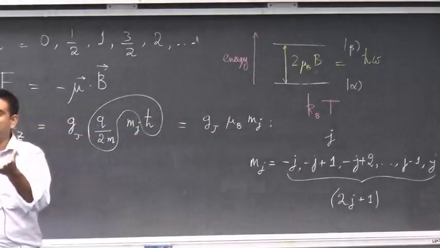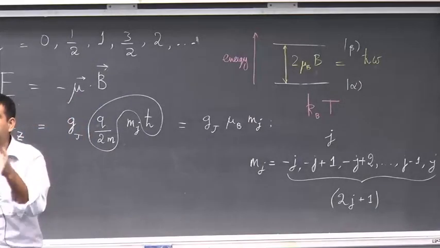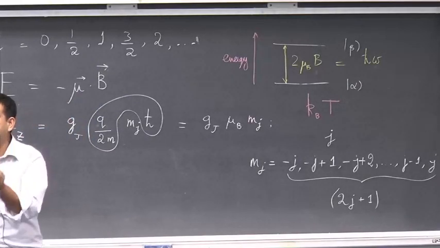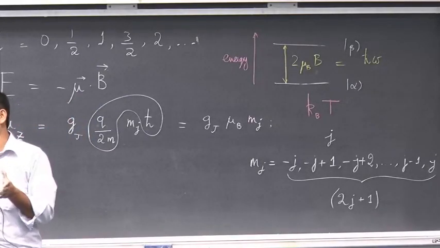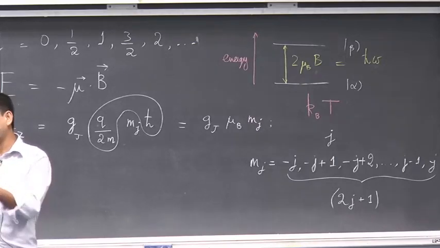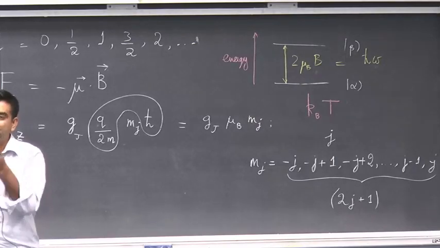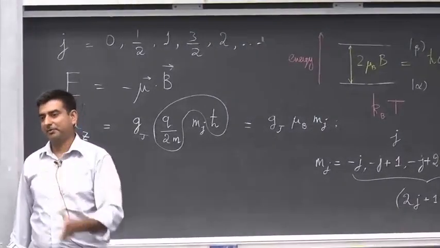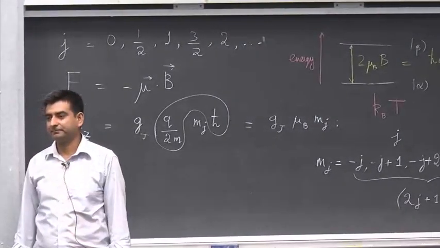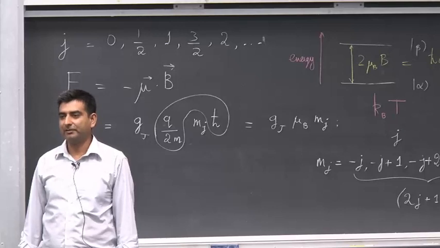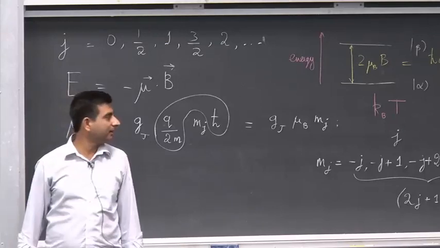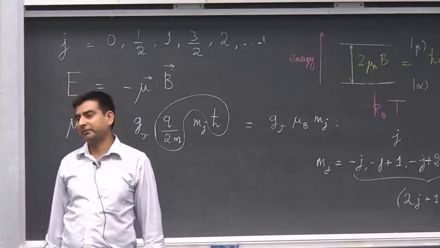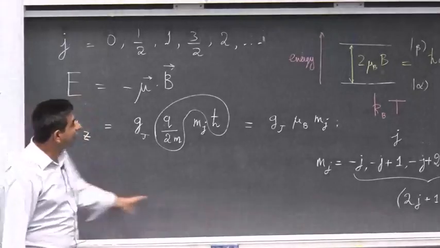If you have a d orbital, in a d orbital L equals 2, so there are 5 possible d orbitals. Mj can take up 5 values. If you are in an f orbital, you have 7 possibilities. So these are the allowed values of Mj.